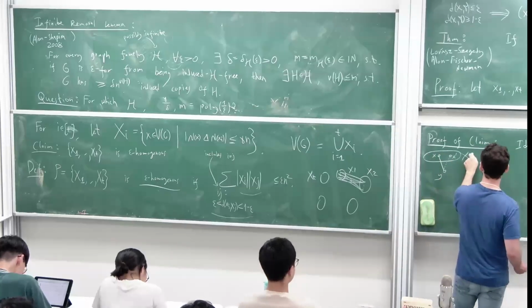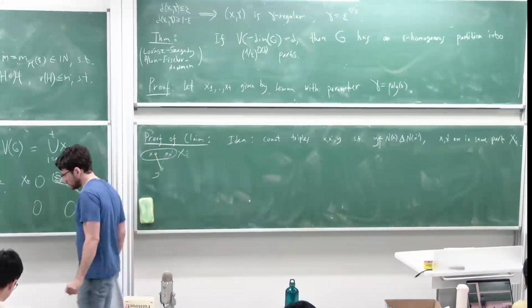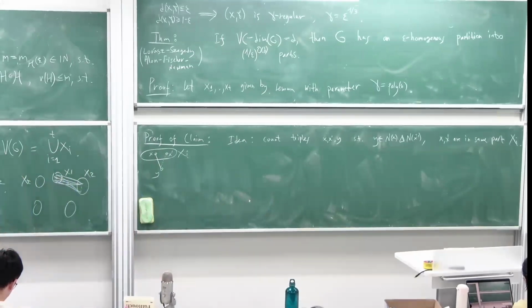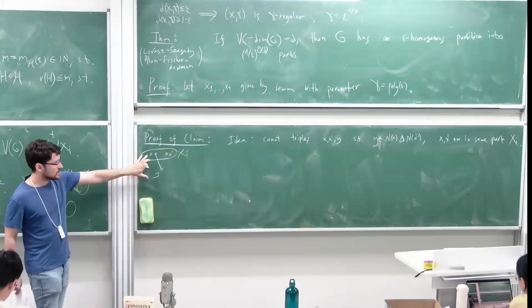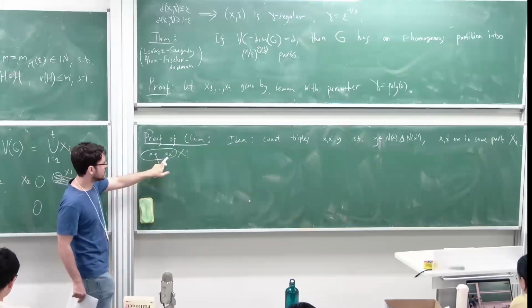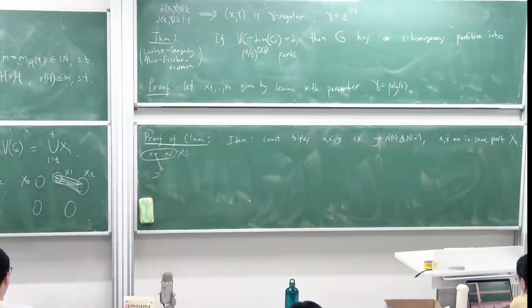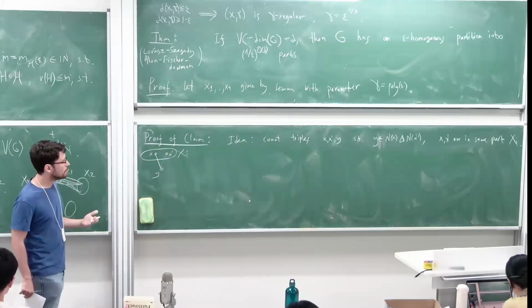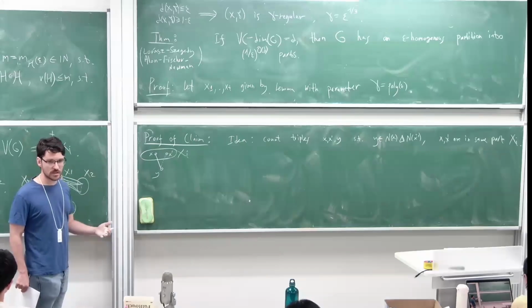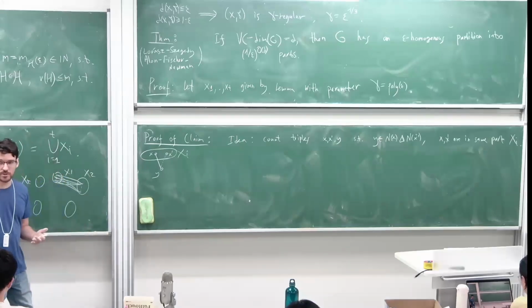So why do we want to count such things? Well, we expect the count of these things to be small, because we know that if x and x prime are in the same part, they have almost the same neighborhood. So the count will be small. On the other hand, we will show that if a partition is not homogeneous, then the count of these things is large. So this will show that the partition is homogeneous.